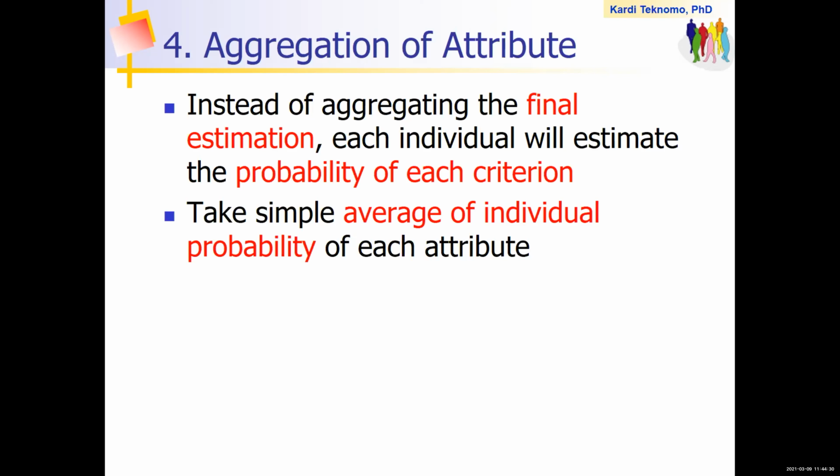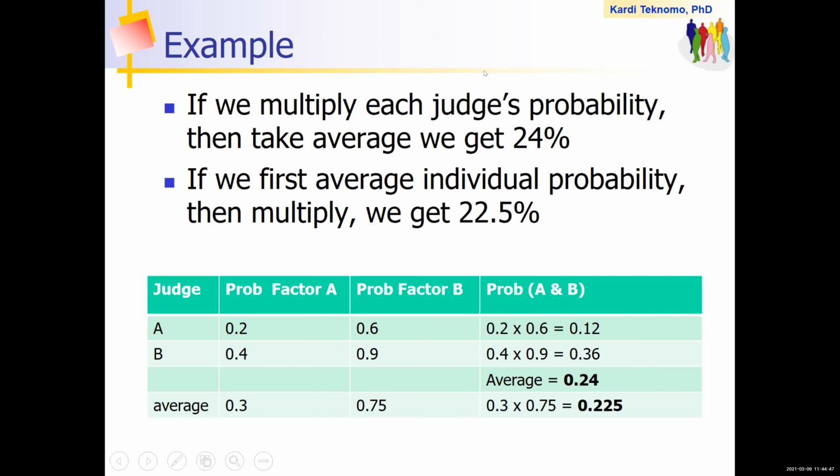So I give you an example. In this example, we multiply, say you have two factors, A and B. If we multiply just the probabilities and then take the average, you will get 24%. But if you first average the individual probabilities, then multiply, you will get 22%.